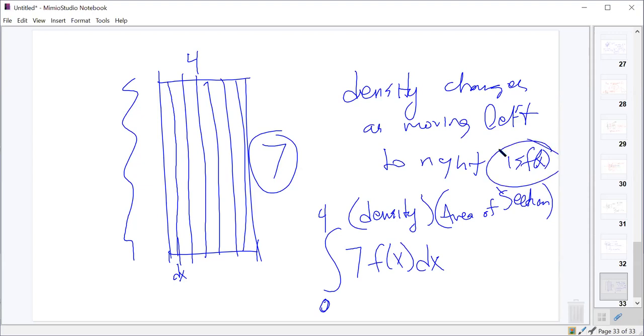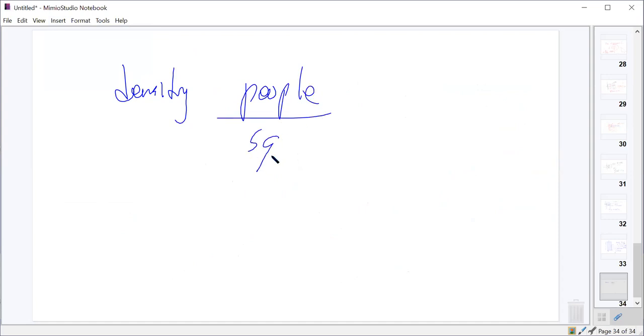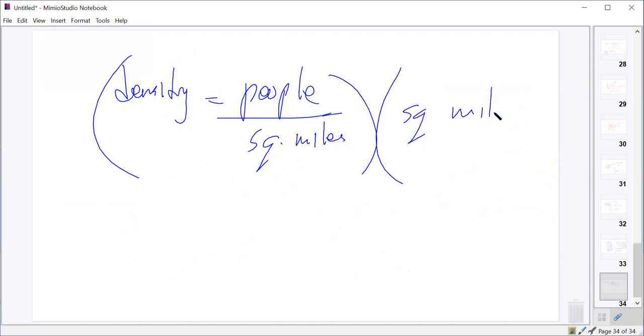So to find the total population, you need to take the density, which would be people divided by square miles, right? That's what a density would be, number of people in a certain area. And so if we take the density and multiply it by the number of square miles, that ought to give you the total number of people. True?